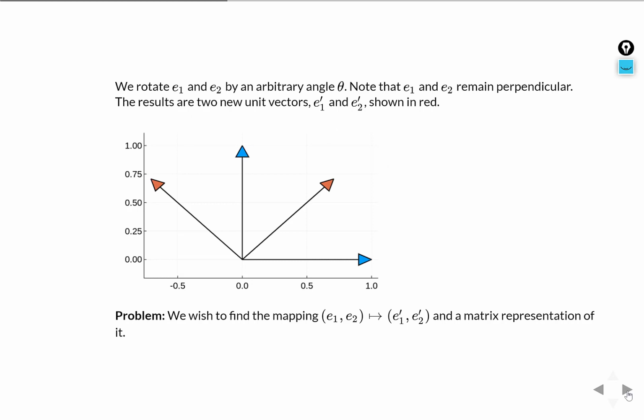If we rotate E1 and E2 using an arbitrary angle theta, they remain perpendicular. The result will be two new vectors, E1 prime and E2 prime.